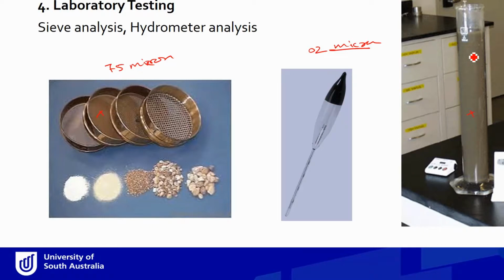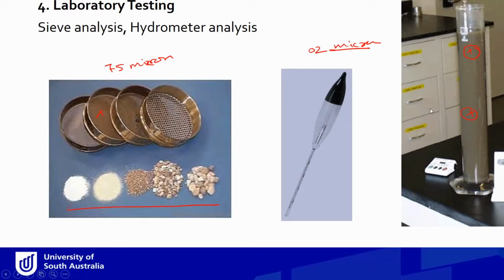If the particles are much smaller, they will take time to settle. And we continuously measure the density of the water at a certain location. Depending on those density numbers, we then translate them into different particle sizes and their relative percentage. So sieve analysis is done up to 75 micron, and anything below that, we need a hydrometer analysis to find out the particle size distribution.